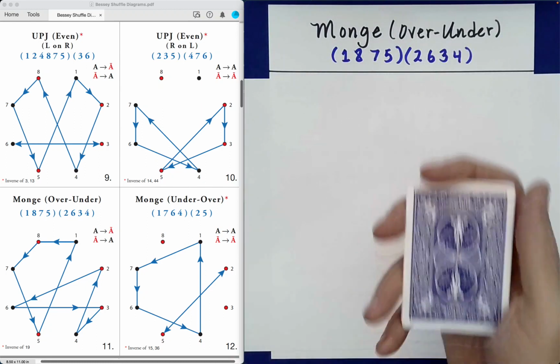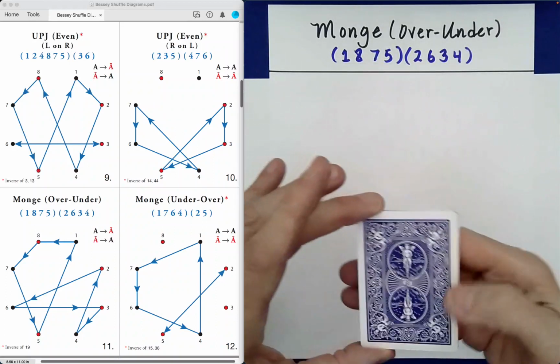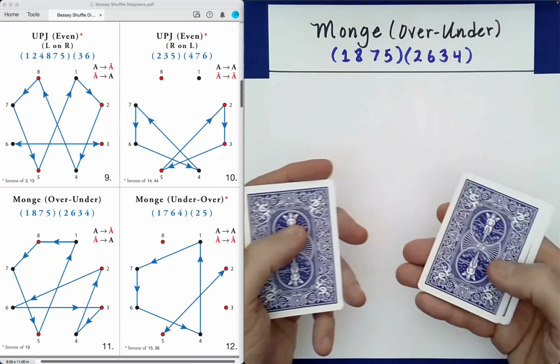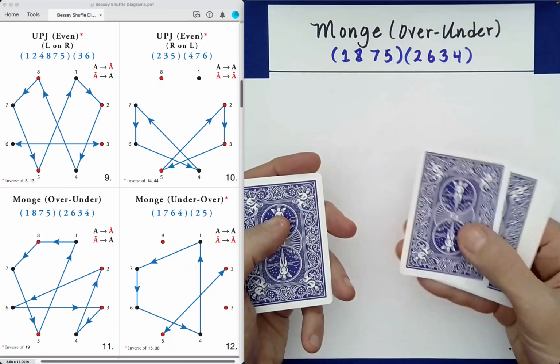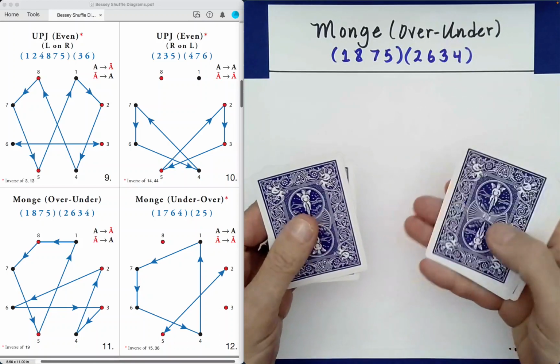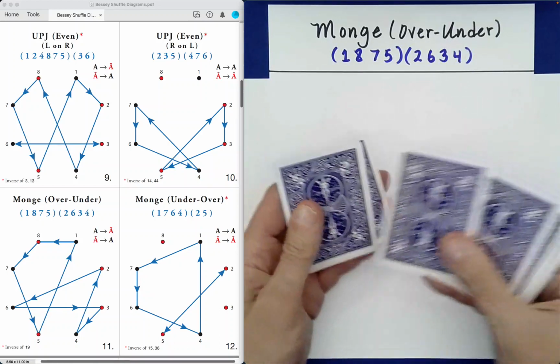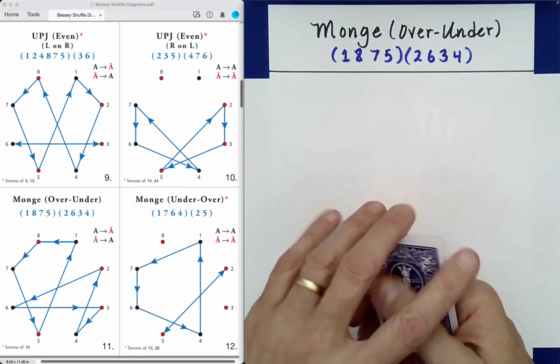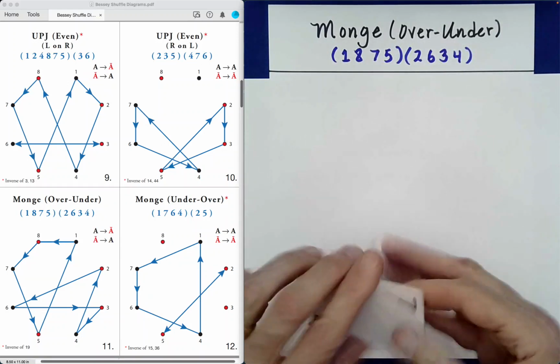Okay, so what is a Monge shuffle? Well, you push over the top card. Now this is an over-under, so what that means is the next card right here goes over this one. The next one now goes under, then over, under, over, under, over. So that is a Monge over-under.